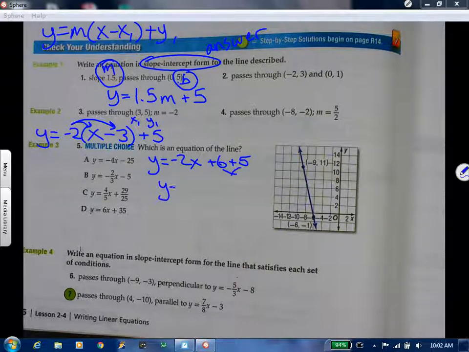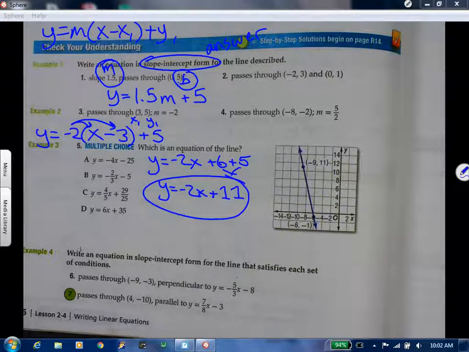Okay, so what's the y-intercept? Y-intercept, 11. It moves the whole graph up 11 units. Your slope would be negative 2. Now try that same process on number 4. Go to number 4.